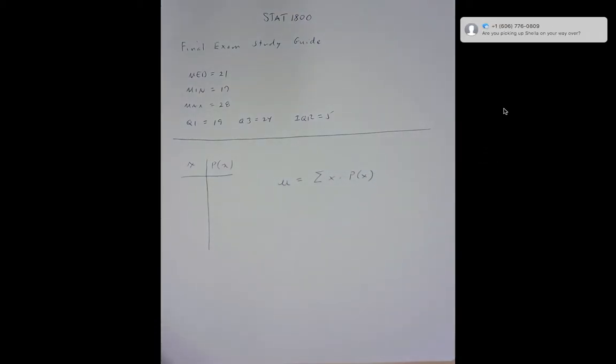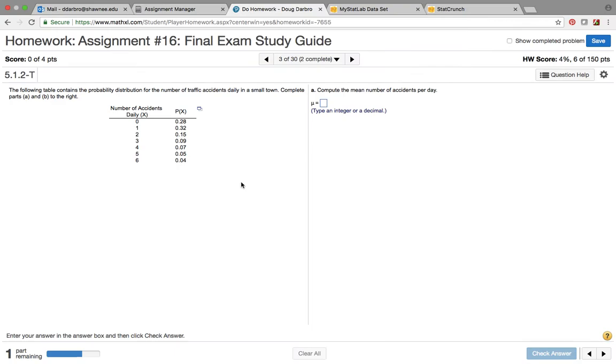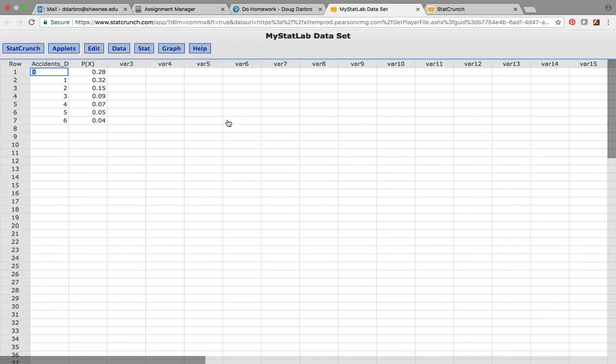So I'm going to use StatCrunch to do these calculations for me. So I'm going to enter this into StatCrunch. And all I have to do is multiply this first number times the second number and add those up. Well, I'm going to create a new variable here.